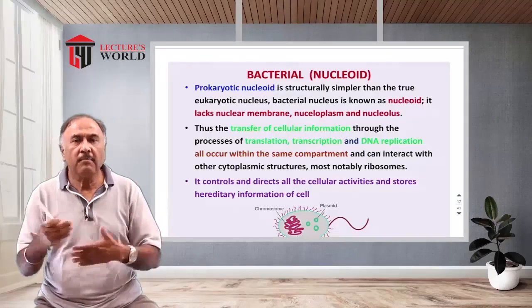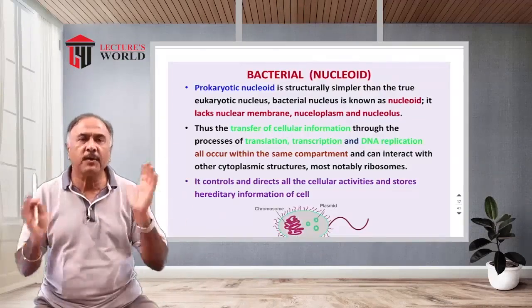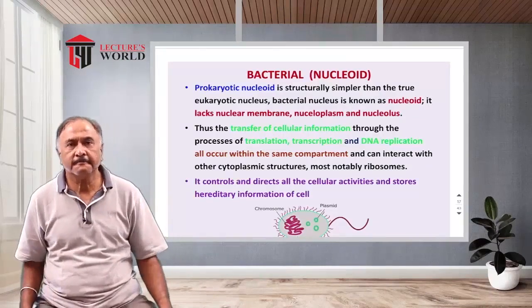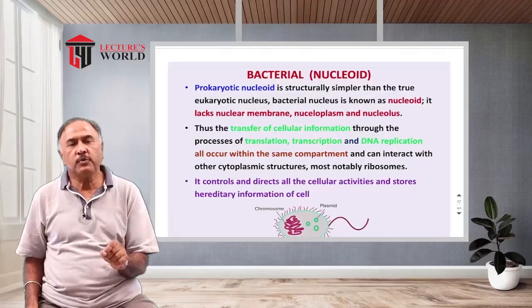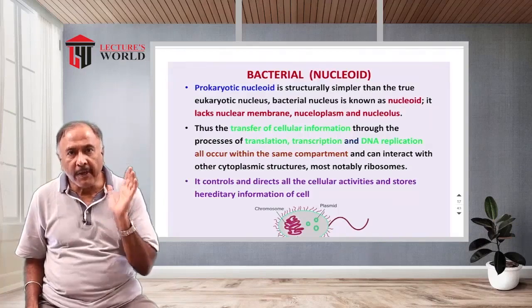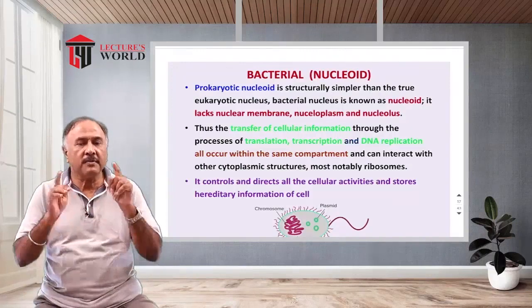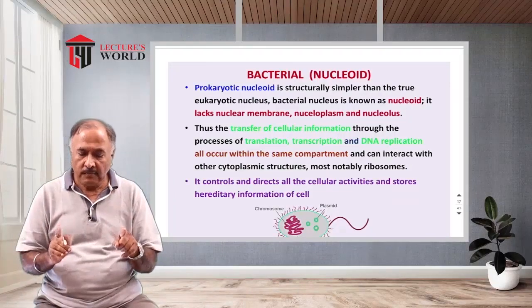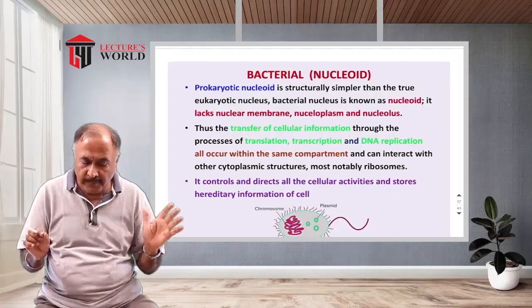They will bind with the basophilic dyes and the entire cytoplasm will be stained. So the point is that prokaryotic bacteria do not have a nuclear membrane, and therefore the nuclear material is the word which we use, or another word is nucleoid.